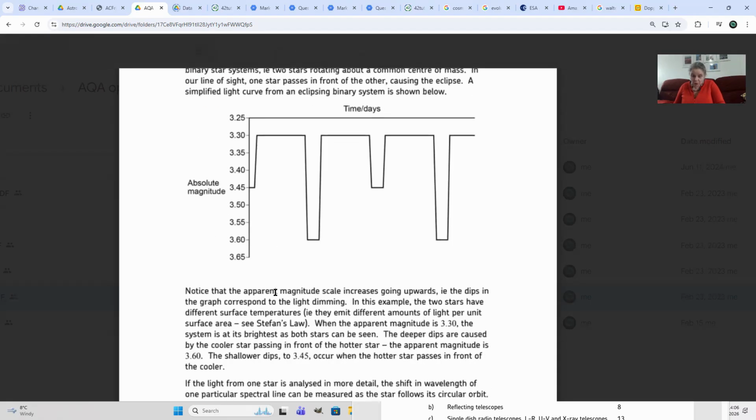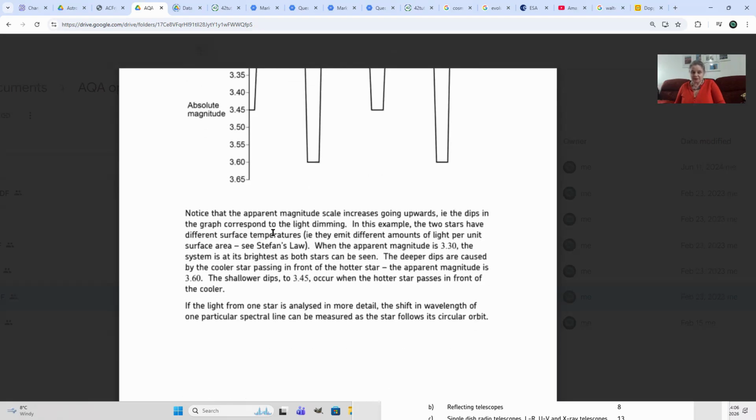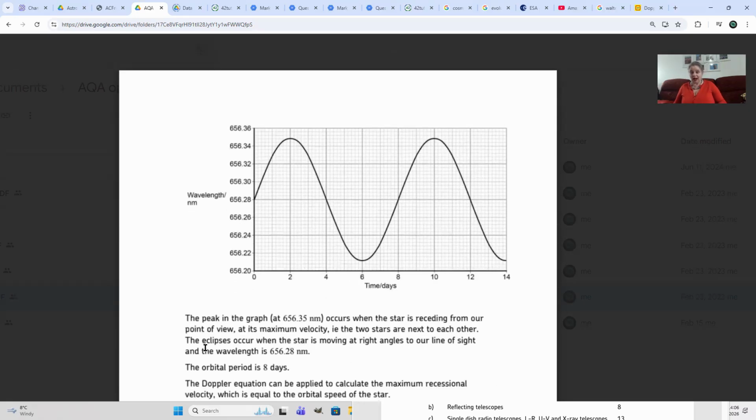And it says the time in days. So these stars go around each other in a number of days, okay? And so you get this dimming of a star when you've got another star coming in front of it. Now, when you look at the wavelengths of light from just one star, as the star comes towards us, the wavelength is reduced.